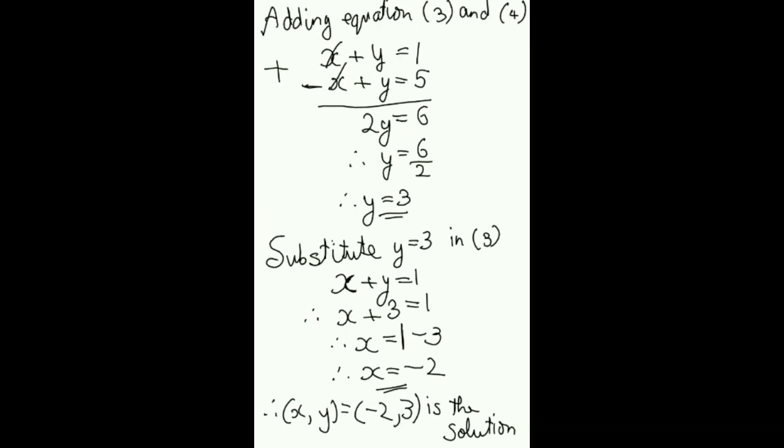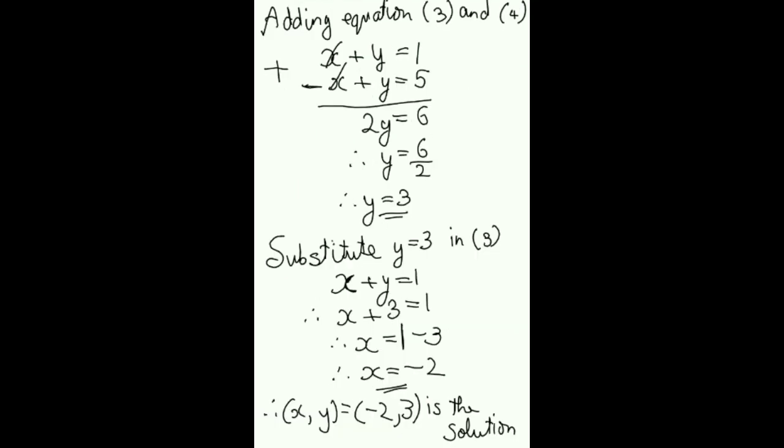So again I will repeat. Whenever we have two equations where the coefficients of the terms are interchanged, first we add both the equations and get a simple equation. Then we subtract the second equation from the first equation and get another simple equation.